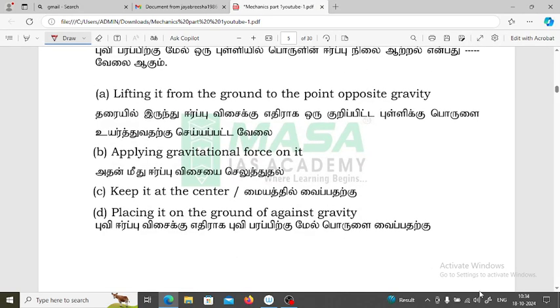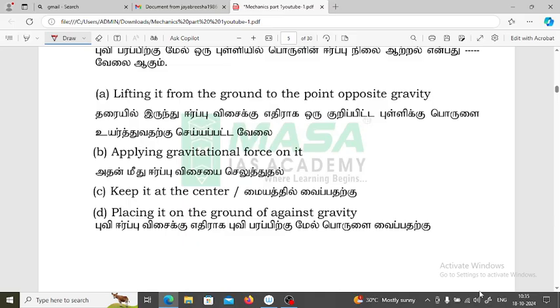What are the options given? Here first option check, lifting it from a ground to a point opposite gravity. தரையிலிருந்து ஈர்ப்பு விசைக்கு எதிராக ஒரு குறிப்பிட்ட புள்ளிக்கு பொருளை உயர்த்துவதற்கு செய்யப்பட்ட வேலை. இங்க என்ன கேட்டிருக்கிறாங்க? பொட்டன்ஷியல் எனர்ஜினா என்னன்னு கேட்டிருக்கிறாங்க.